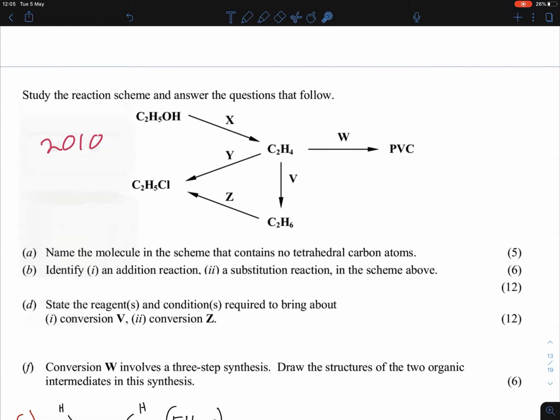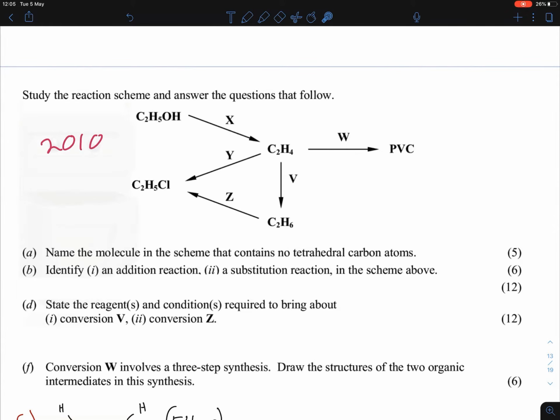You're just going to compare the difference in terms of molecules. If we look at X here, we have 1, 2, 3, 4, 5, 6, 7, 8, 9. We have 9 atoms over here, and if we look at C2H4, we have 6 atoms here. So X is an elimination reaction. It's no good, because we're asked for an addition or substitution.